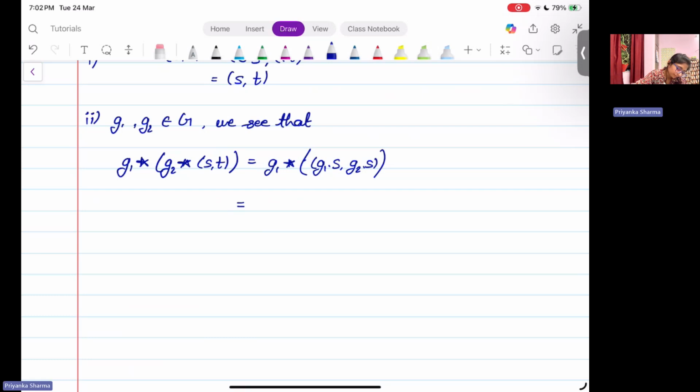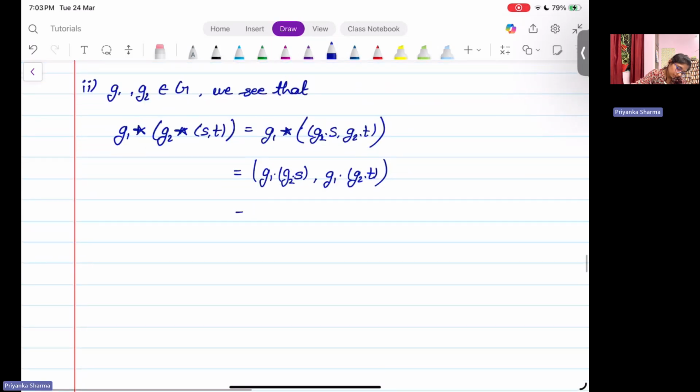So this will be (g1 dot (g2 dot s), g1 dot (g2 dot t)).